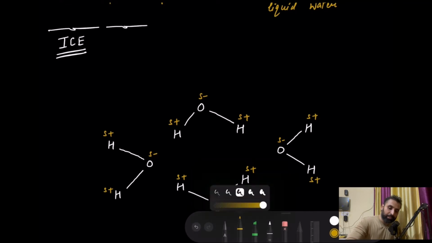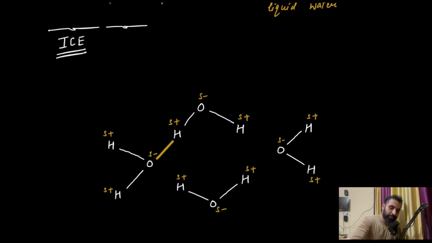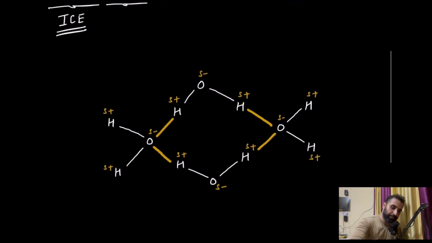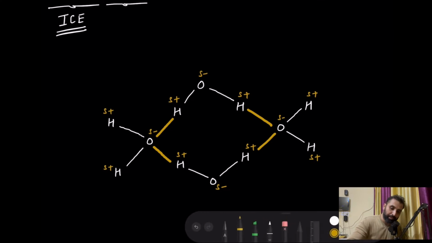Now, there will be the formation of hydrogen bonds. That's the first hydrogen bond, that's the second hydrogen bond, that's the third hydrogen bond and that's the fourth hydrogen bond. Now, what are we going to have?